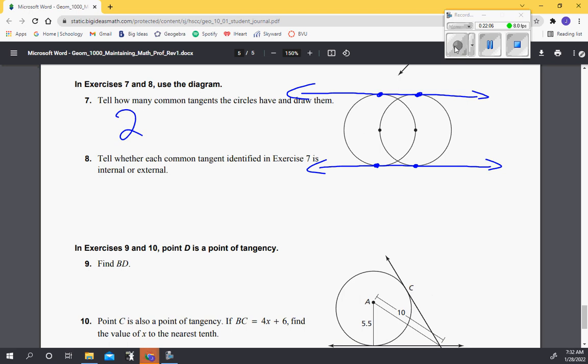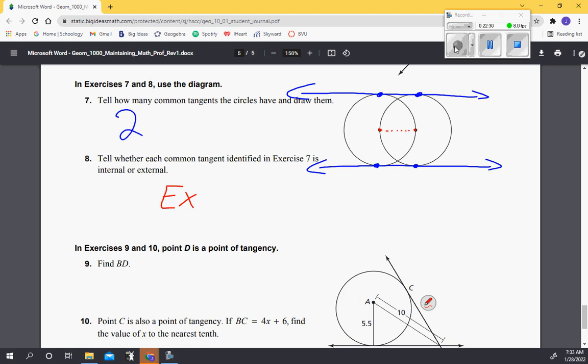Now the question is, are they internal or external? Remember, notice these are the centers of our circles. The internal tangent would intersect that red segment there. And do our tangent lines intersect that? No. So it is external.